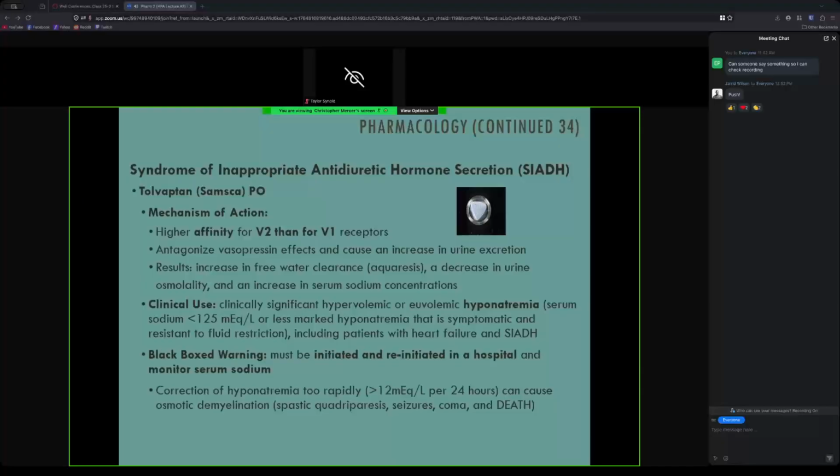So make sure you know the tolvaptan has the black box warning. It has to be in the hospital, with mandatory monitoring of the sodium. Note the slightly different correction threshold that I gave you for the tolvaptan versus the conivaptan, the less selective one.